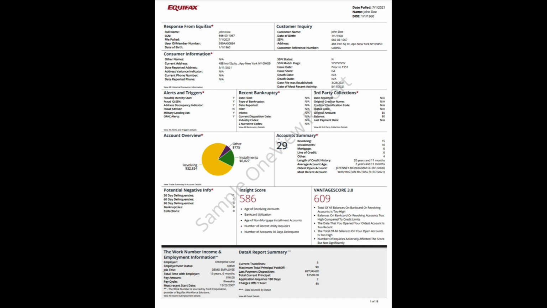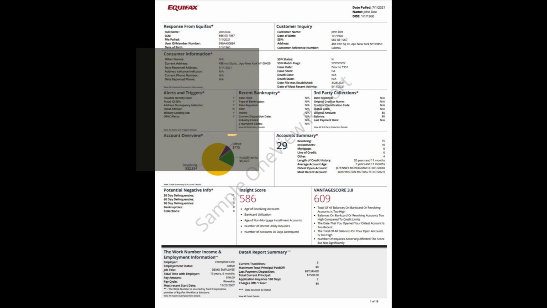But just know that the basic categories on the reports remain the same. If you look on the left, this is where you have some of your consumer information. This is where most of your personal information resides. There's also an alerts and triggers section. This is good for those of us who like to put fraud alerts on our accounts.